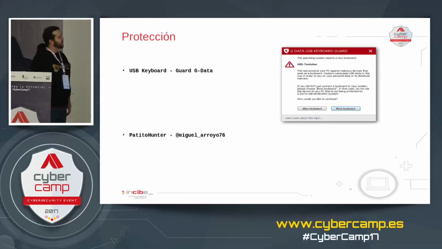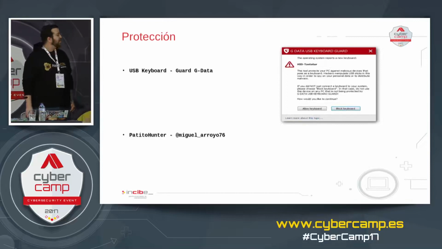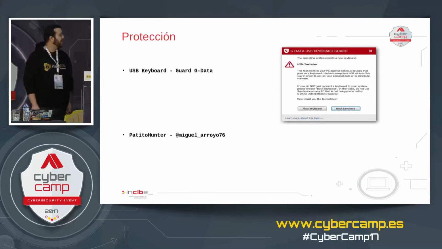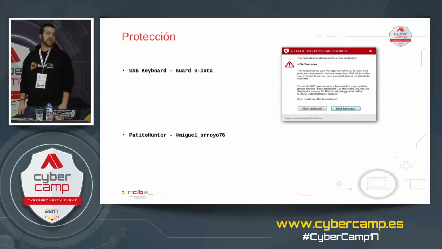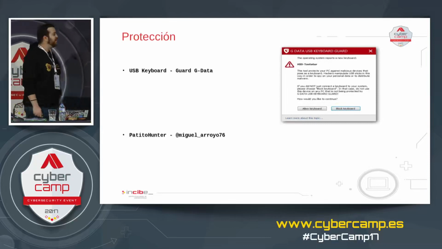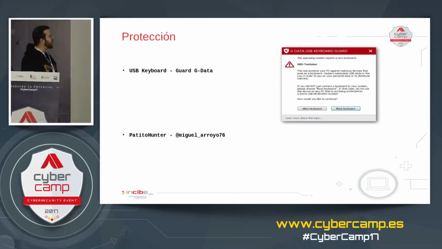And these would be some of the protection systems by companies or individuals. We have G-Data. It was one of the first ones to include this protection in their security pack, antivirus and some other uses.